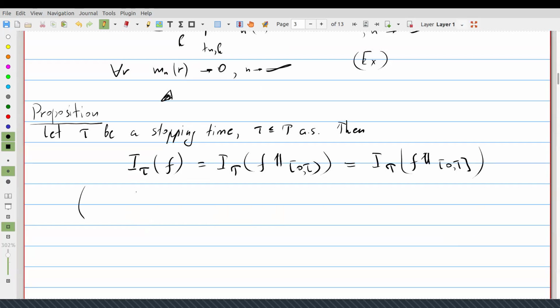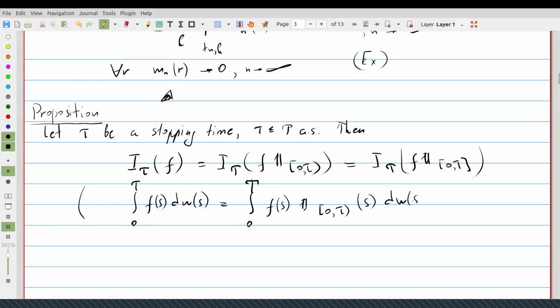So in more familiar notation, this reads the integral from 0 to T of f(s) times the indicator of [0, tau](s) dW_s, etc.